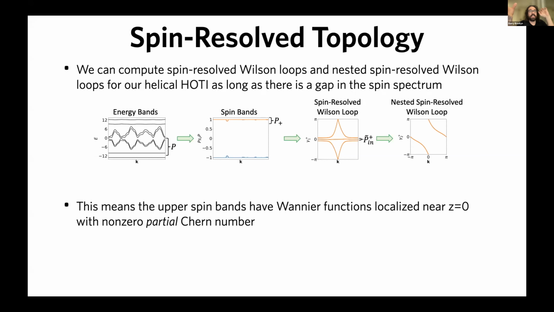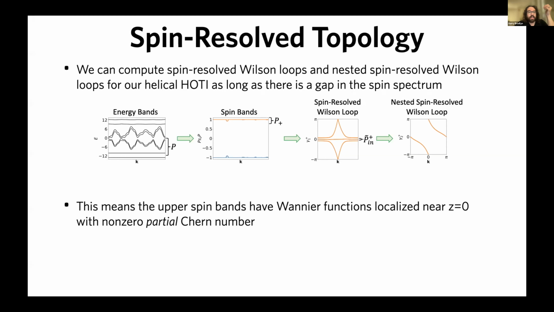You twist the boundary conditions on the wave functions just like you would do in the TKNN formulation of Hall conductivity, but instead of doing just a twist for all of the electron coordinates, you do a twist that depends on spin. Then you can compute the Berry curvature in the space of twisted boundary conditions to extract these Chern numbers. Generalizing that to the three-dimensional case, I think, is something that has not been done.